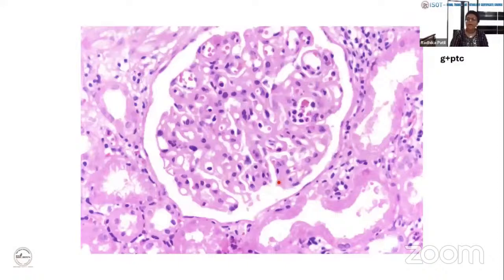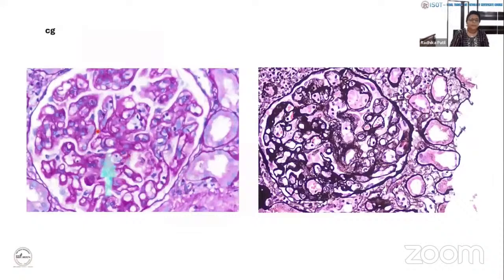We should comment on the thickening only on PAS and silver stain. There is some glomerulitis also seen, segmental glomerulitis. I can identify the neutrophils showing the trilobed nuclei. So there is segmental glomerulitis, mild peritubular capillaritis, and tubular injury.